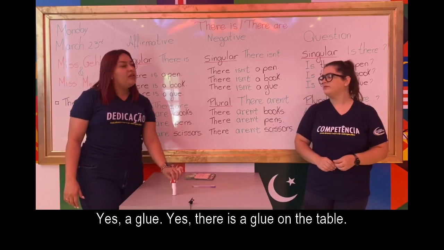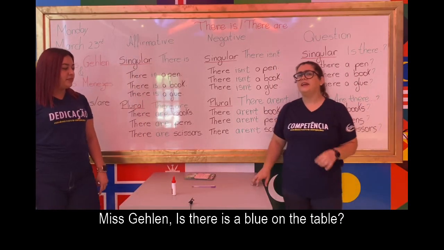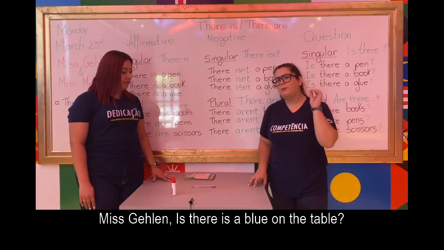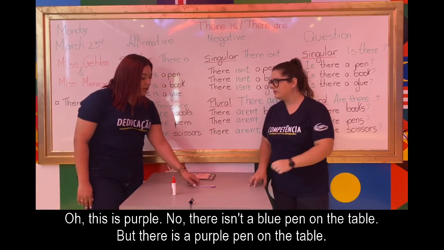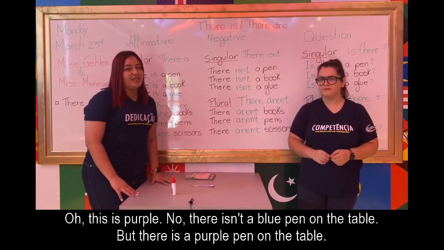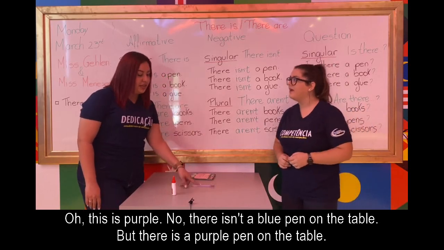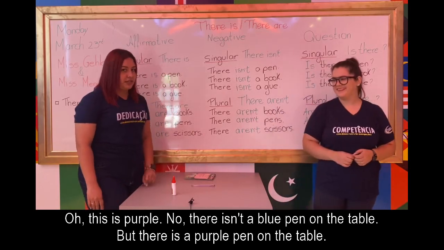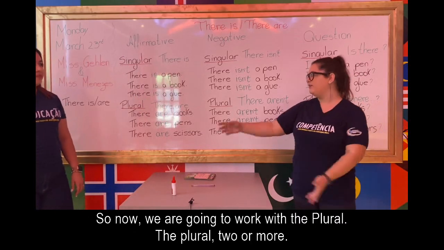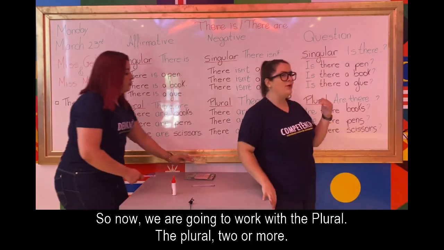Yes, there is a glue on the table. Miss Gehlen, is there a blue pen on the table? Oh, this is purple. No, there isn't a blue pen on the table, but there is a purple pen on the table. Very good.